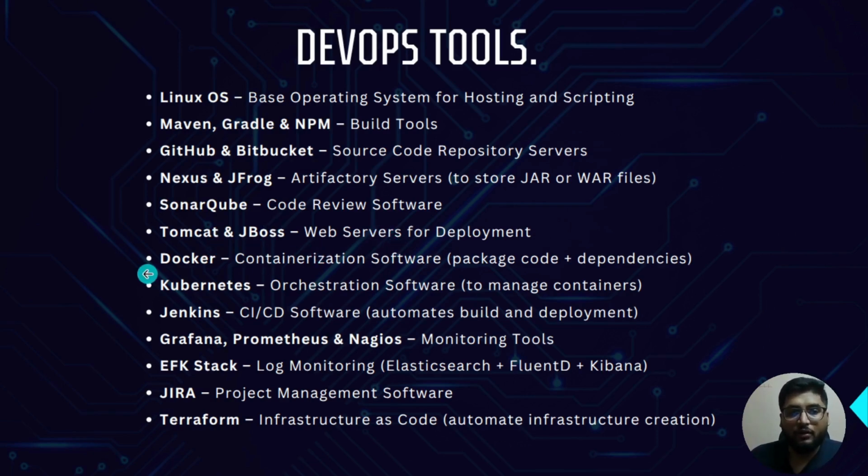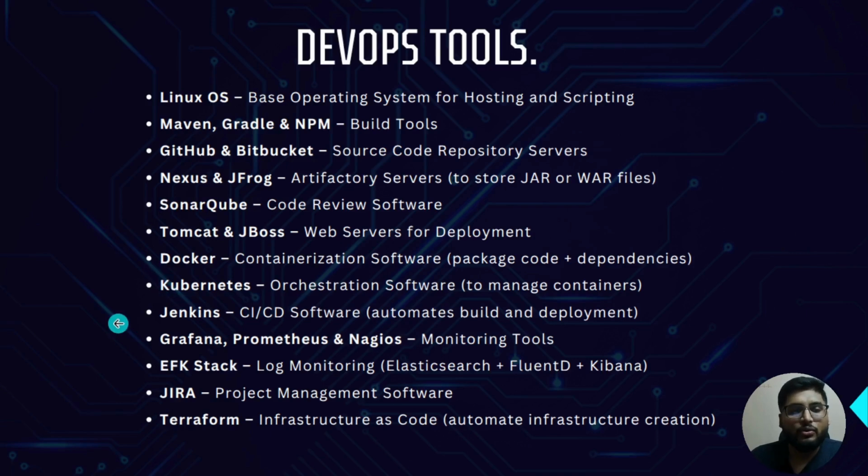Next one is Docker. Docker is a containerization platform. We can containerize our application in a Docker container. Basically it provides a Docker container, packaging our code and dependencies in one box. Whenever we create a container, it provides a small box, and in that box we can save our entire code and all the dependencies.